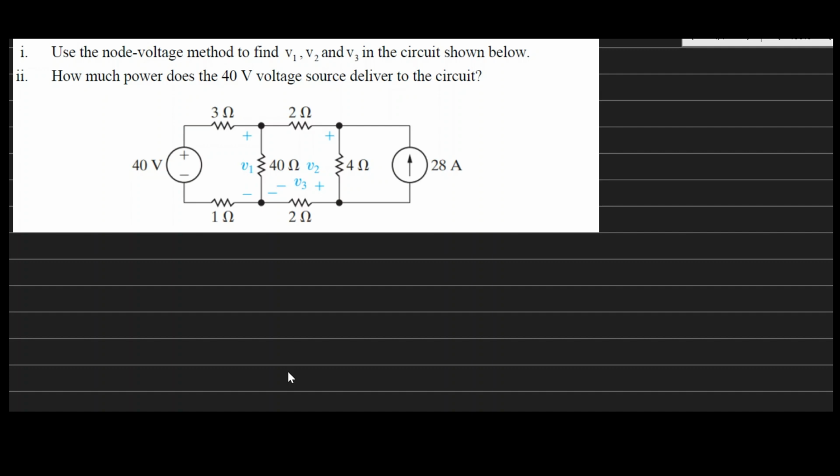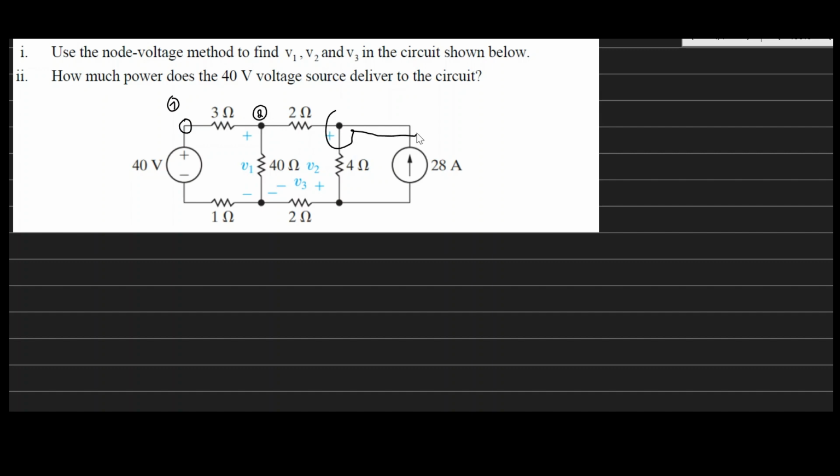Our circuit here has a couple of nodes, so let's count them together. Remember that a node is a point where two or more elements are connected. So this is a node, I'll call this node number one. This is node number two.